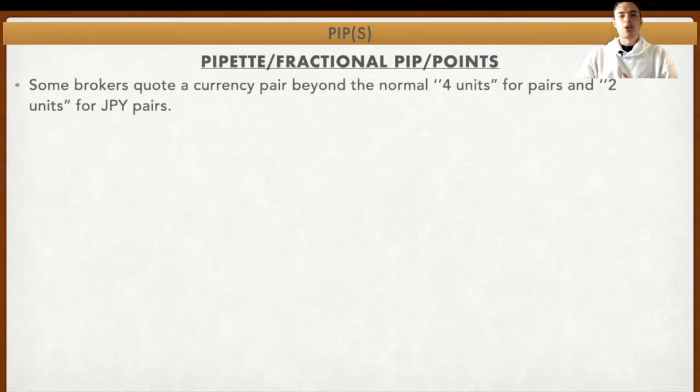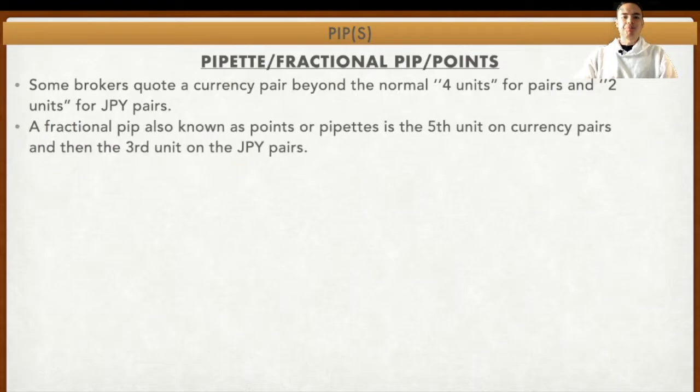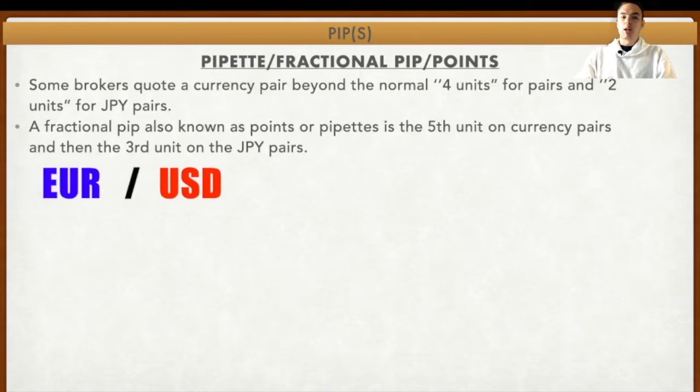All right. So, like I said, some brokers quote a currency pair beyond the normal 4 units of a currency pair and beyond the 2 units of JPY pairs. 3 names for it: pipette, fractional pip, points. Okay. It's the 5th unit of normal pairs, and then the 3rd unit of JPY pairs.